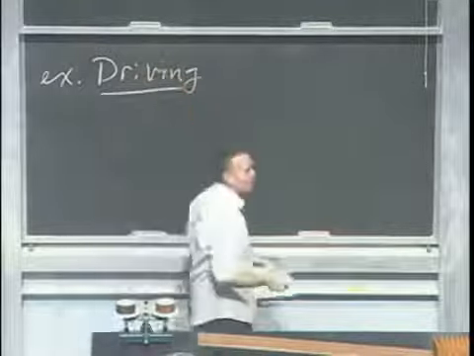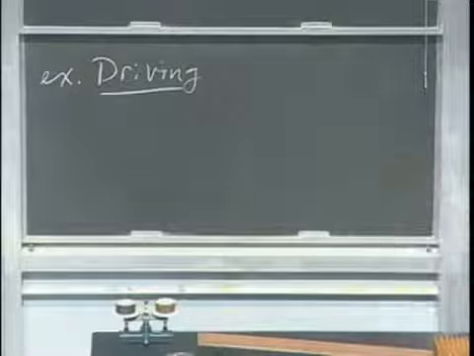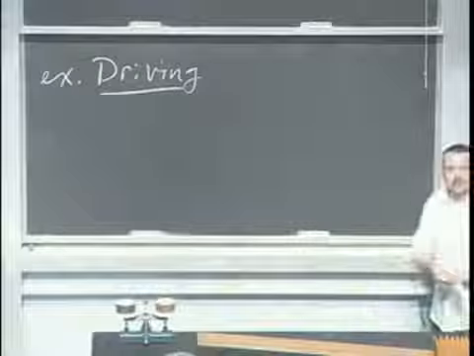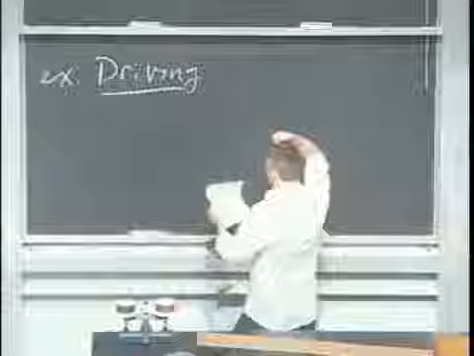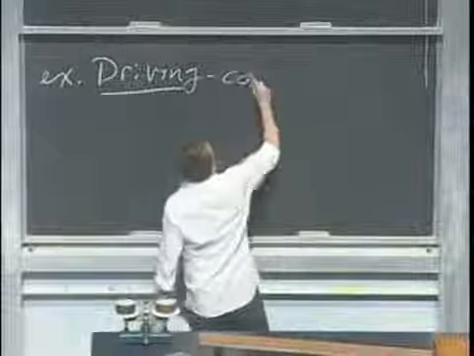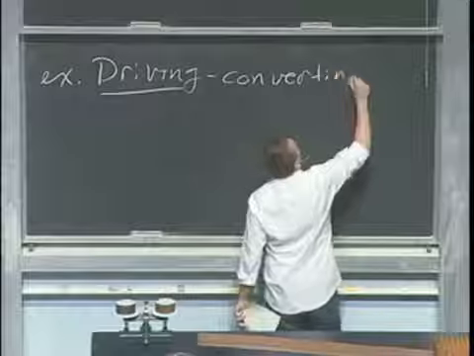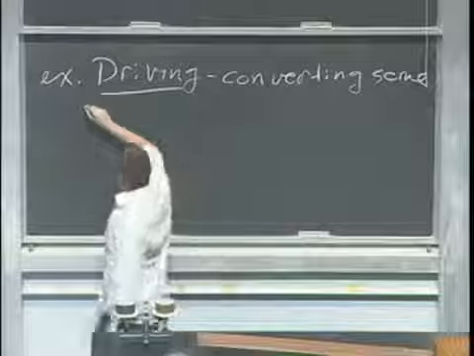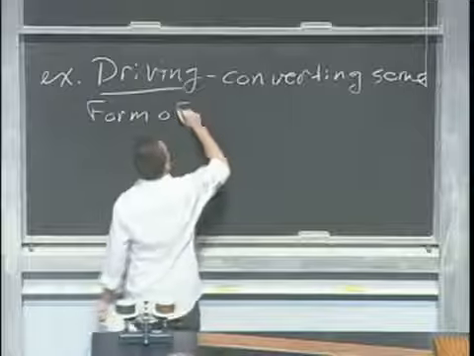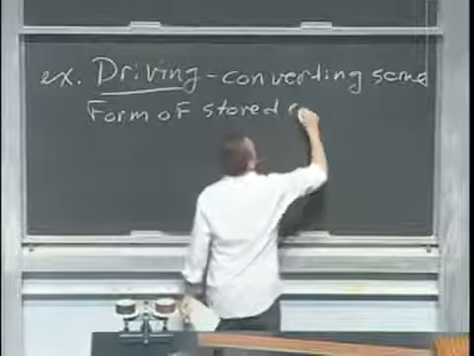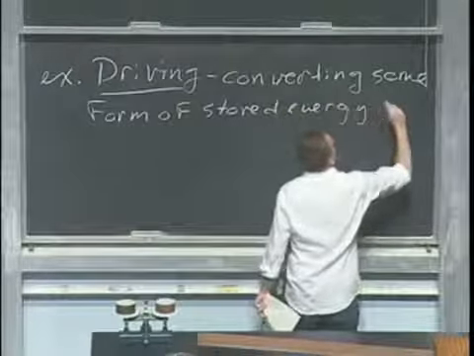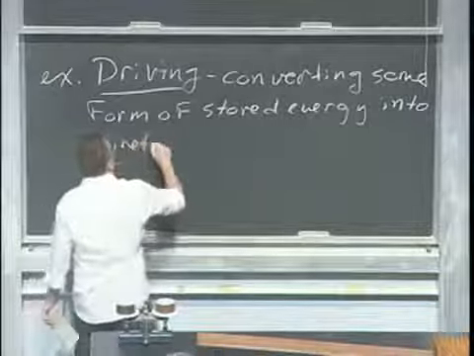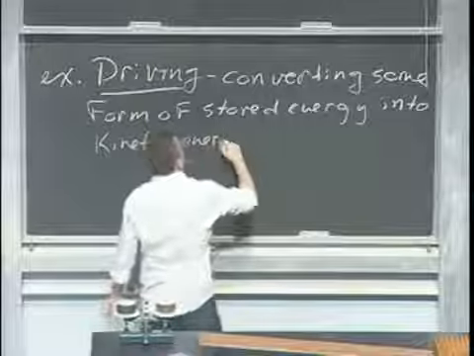What do we do when we're driving a car? For most cases, we are converting gasoline into the kinetic energy or potential energy of the car. So we are converting some form of stored energy into kinetic energy of the car, so we're giving it a speed.